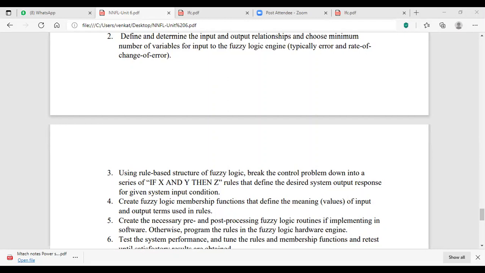Small positive, medium positive, and large positive. If error is large positive and change in error is large negative, so the output is 0.